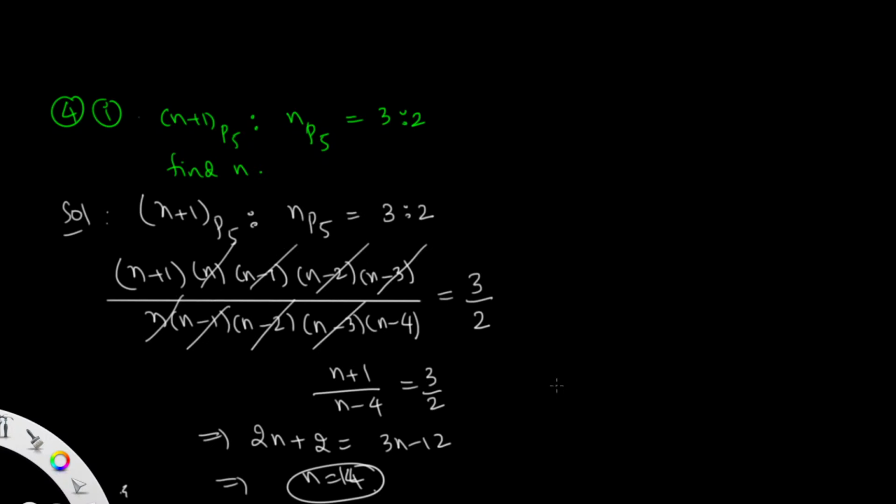In a similar way, the ratio can be changed. n plus 1 P5 is to nP6 equal to 2 is to 7, then find n.